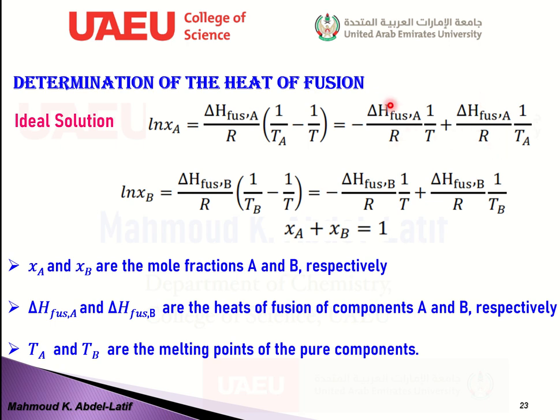If you get the slope and multiply it by R, you end up with the heat of fusion of pure A and pure B. This is with respect to pure component B.